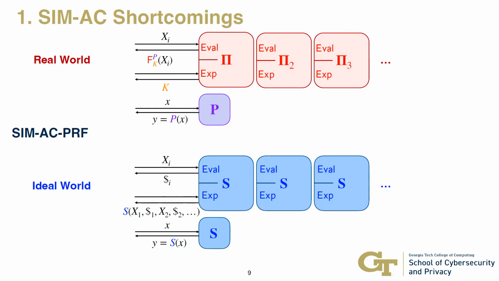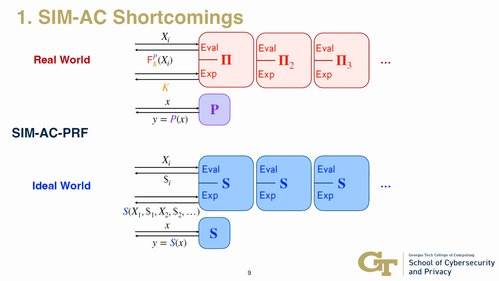Okay, so let's start by talking about the shortcomings. And to dig into this, I'm going to start by kind of extending my definition to include those things I omitted before. First, let's be explicit about how the ideal model is captured. In the real world, you just actually access this ideal model, which is being used by the construction. In the ideal world, the simulator has complete control over the ideal model.